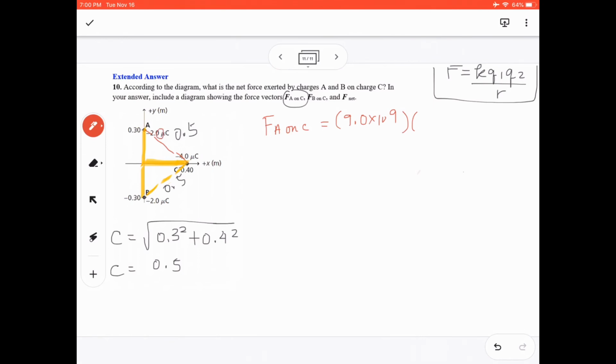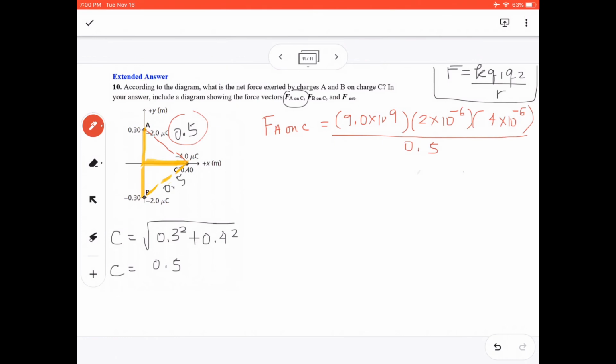Micro means 10 raised to negative 6, and we are not going to use the negative sign when we solve for the F. So 2.0 times 10 raised to negative 6 multiplied by the charge of C, which is negative 4. We're not going to use the negative sign, so 4 times 10 raised to negative 6 because it's still micro, divided by the distance between them, which we have solved, which is equal to 0.5.